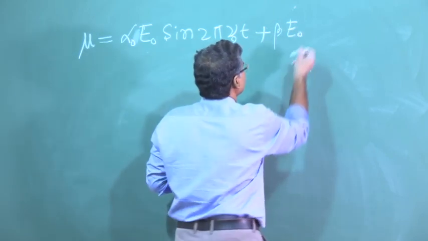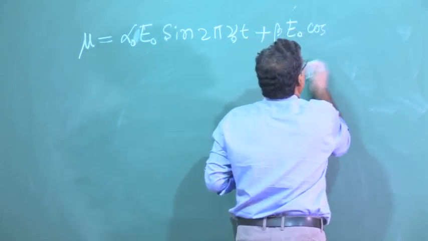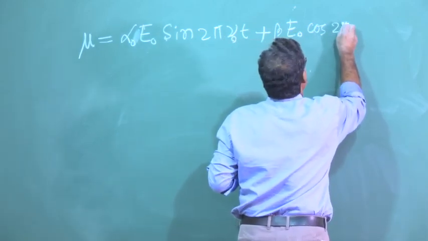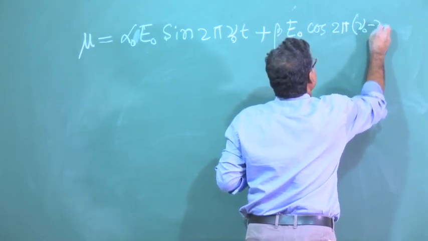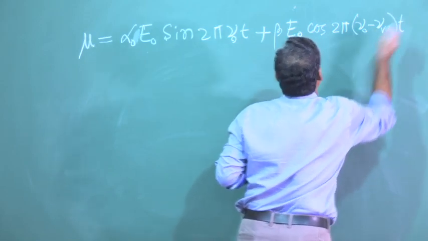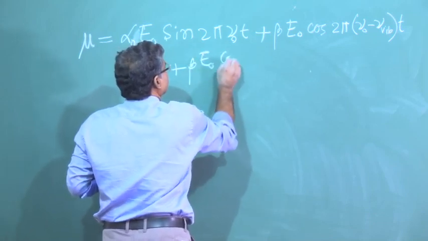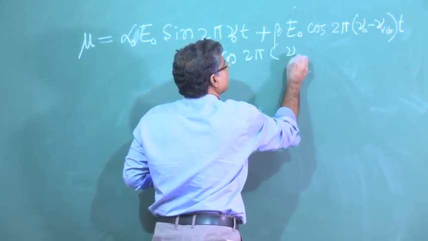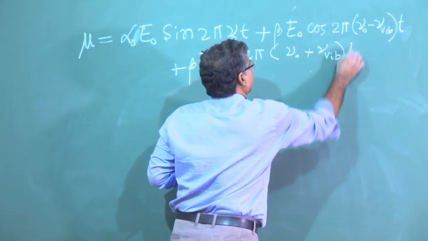beta E 0 cos 2 pi (nu 0 minus nu vibration or rotation, whatever) t, and beta E 0 cos 2 pi (nu 0 plus nu vibration) t.